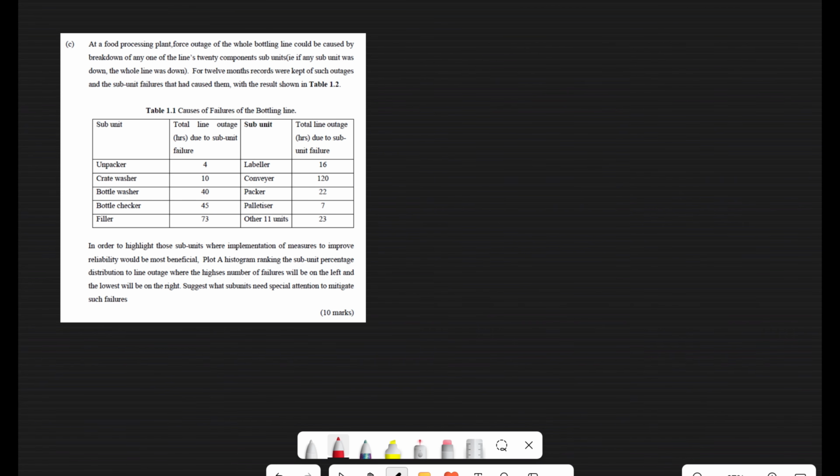In order to highlight those subunits where implementation of measures to improve reliability would be most beneficial, plot a histogram ranking the subunit percentage distribution to line outage, where the highest number of failure will be on the left and the lowest will be on the right. Suggest what subunit needs special attention to mitigate such failure.